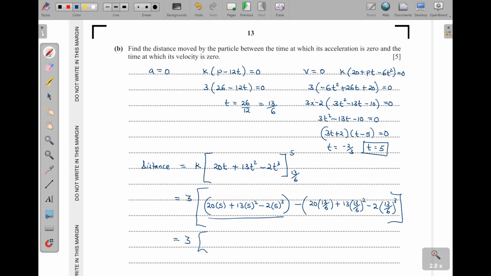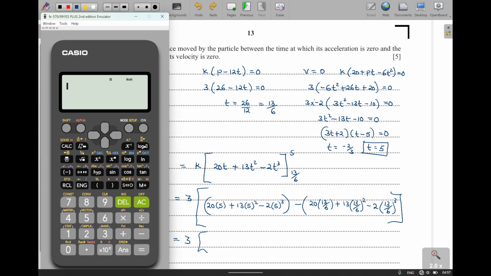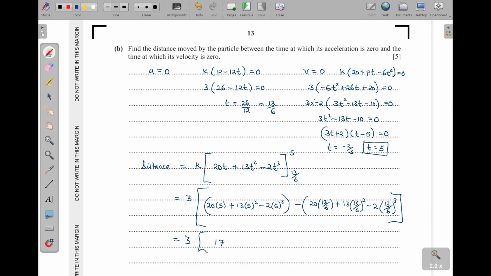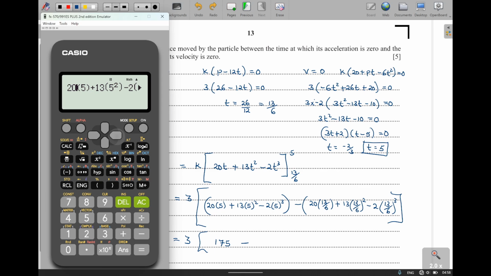So what do we get here? We have 20 into 5, of course, that is 100, then plus 13 times 5 squared, then minus 2 into 5 cubed. This is 175. So 175 minus, how about here? I will come here and change this to 13 over 6.